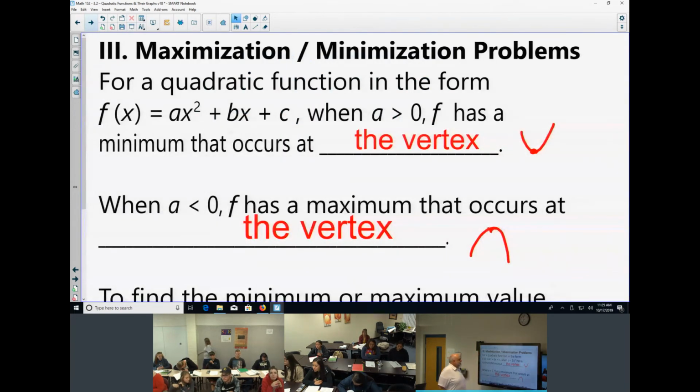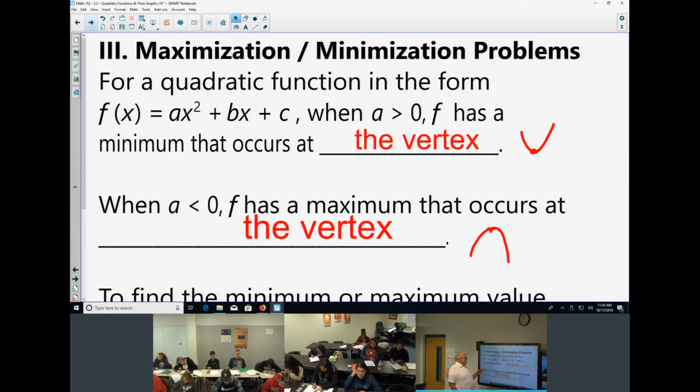Okay, next, maximization and minimization problems. Together these are called optimization. We're trying to find the optimal value. So for a quadratic function in the form f of x equals ax squared plus bx plus c, where a is greater than 0, so if a is positive, then f has a minimum that occurs at the vertex.